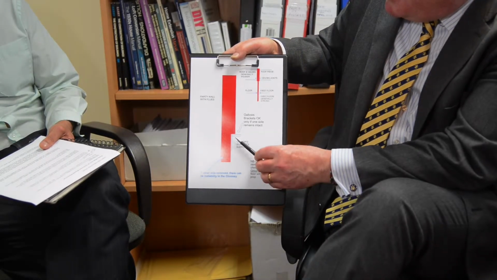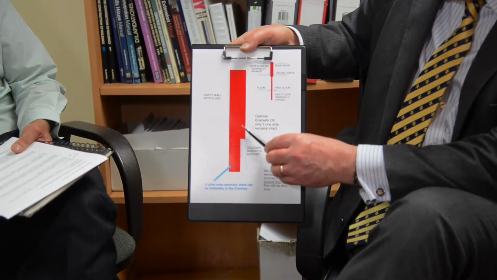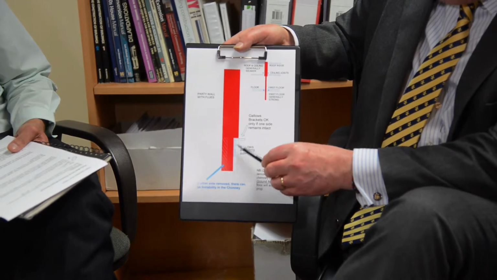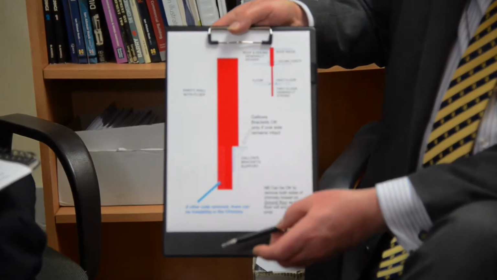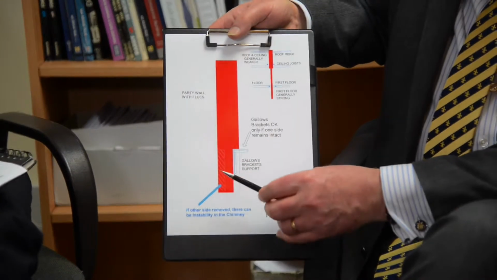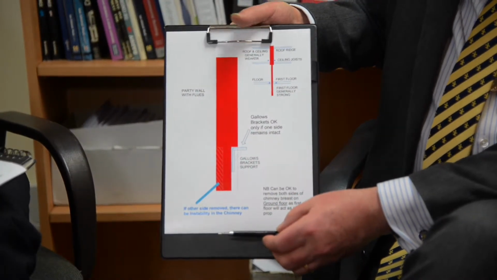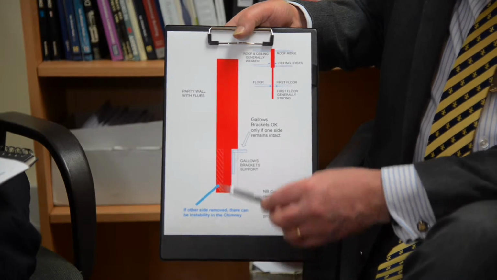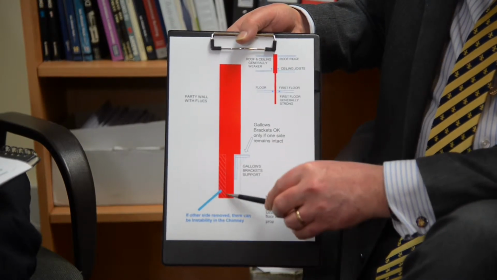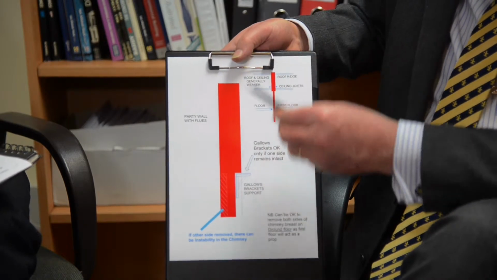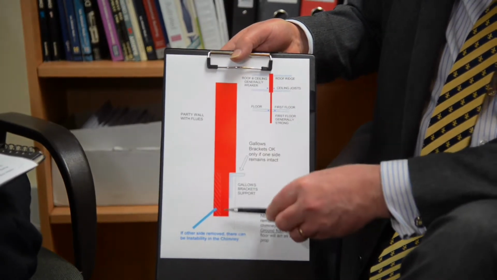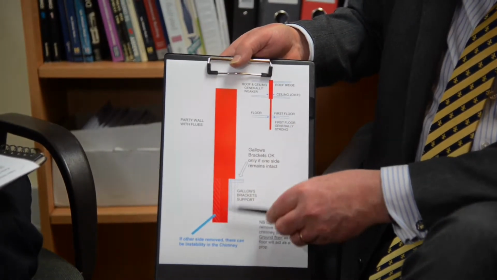Here we can see the gallows bracket supporting the cut brickwork up above. That's absolutely fine, provided you're only doing it from one side. The difficulty is that if you're removing your chimney breast and your neighbour's already done it, now you're cutting away the brickwork on both sides of the wall and you're left with quite a substantial height of masonry up above, supported, or balanced, I should say, on this small section of wall.